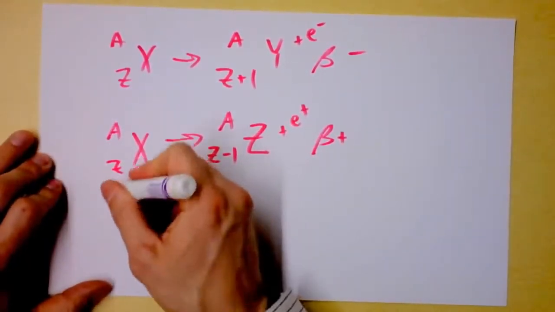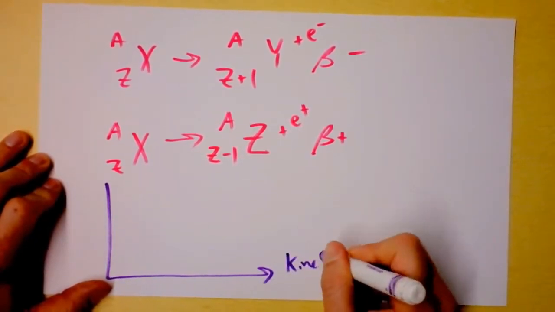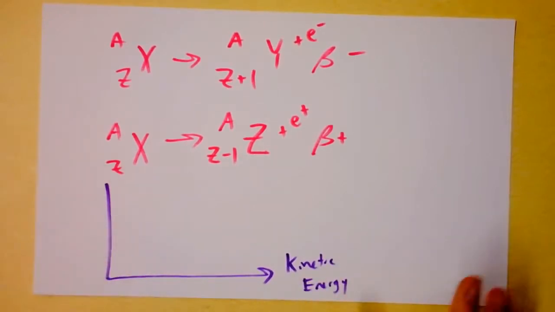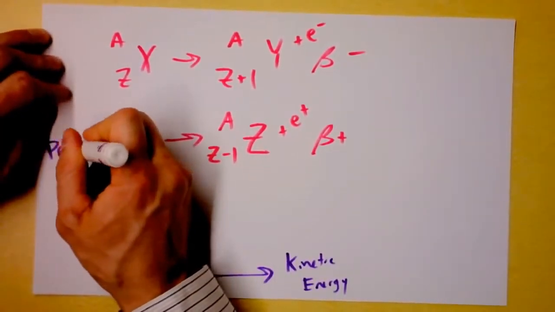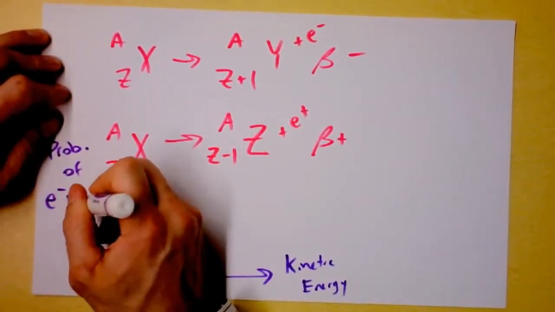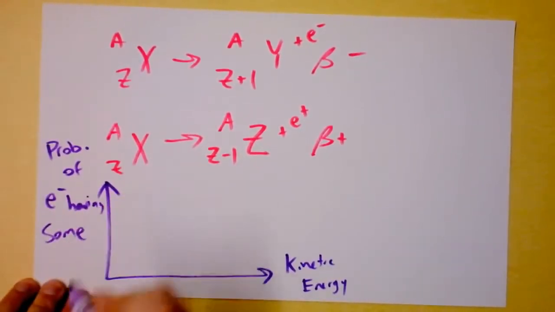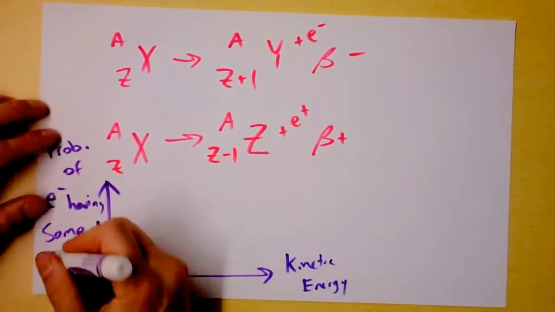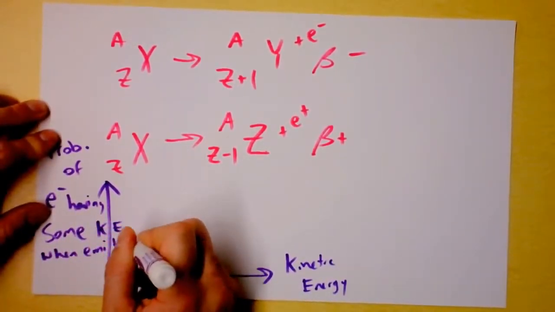If you graph how much kinetic energy that electron has, really you're graphing the probability of an electron having some kinetic energy when emitted.